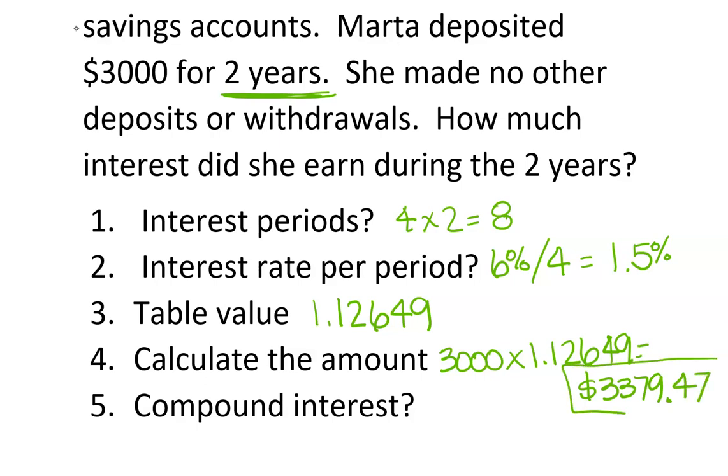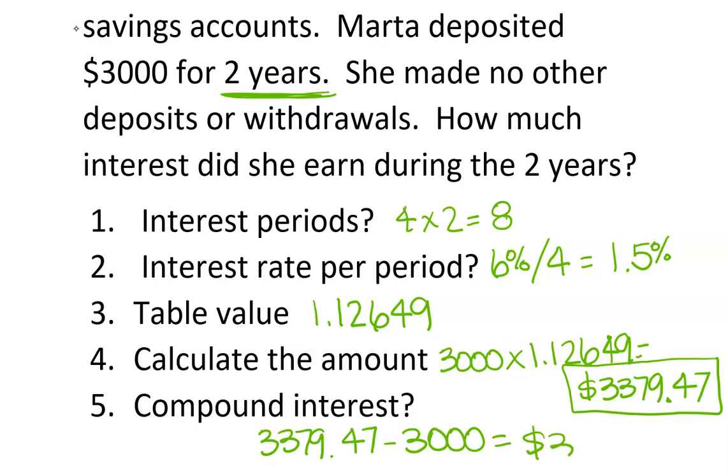So that's the amount that's in the account at the end. The compound interest would be 3,379.47, and you're going to subtract out 3,000, which would be $379.47.